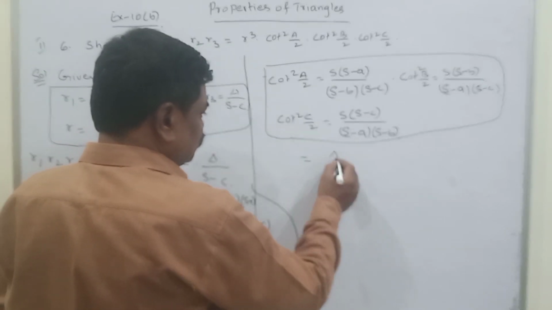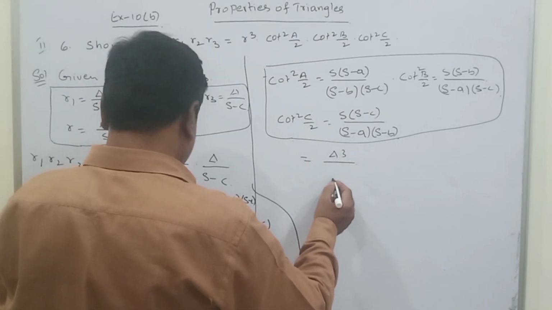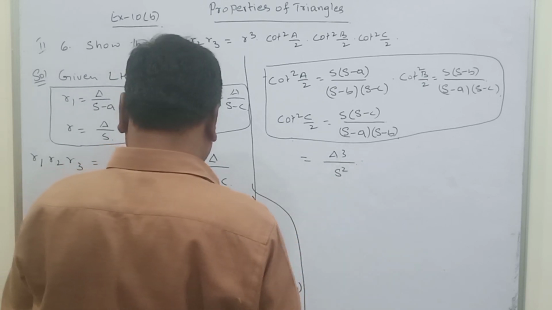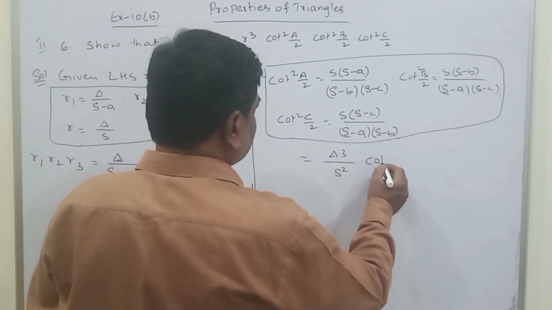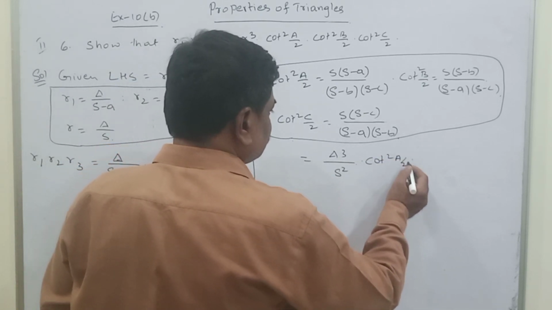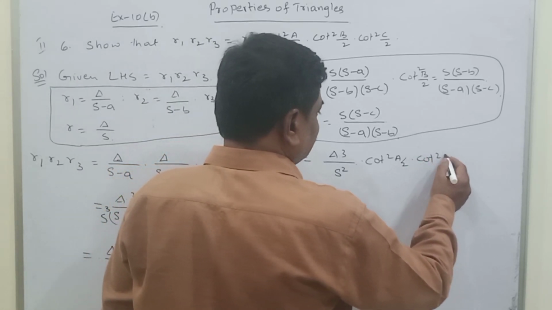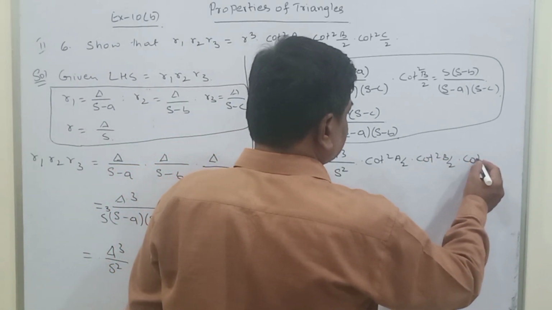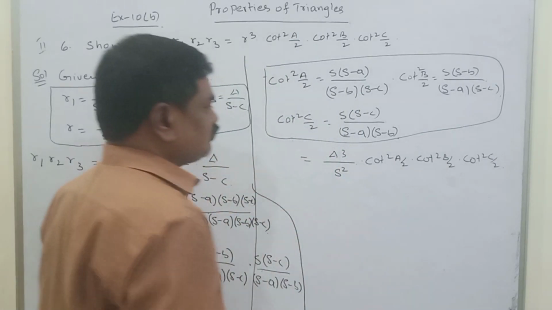This is equal to delta cube by S square into cot square A by 2, cot square B by 2, cot square C by 2.